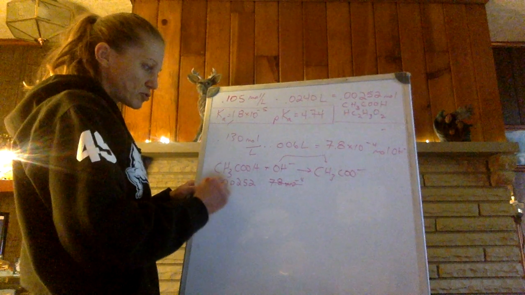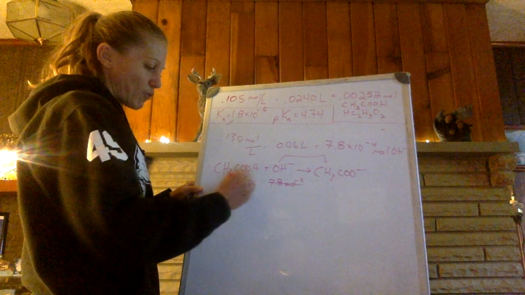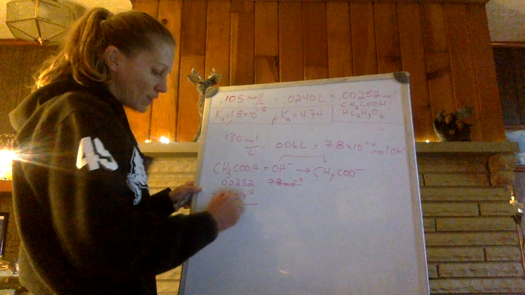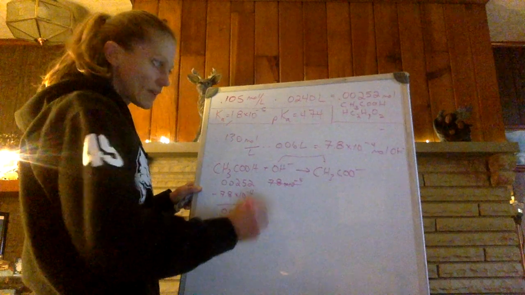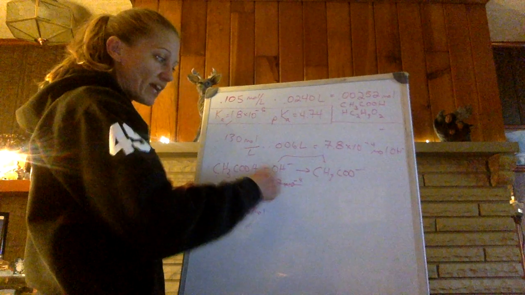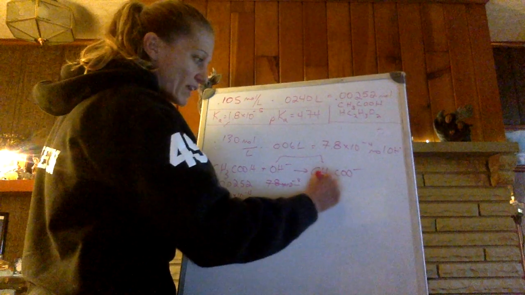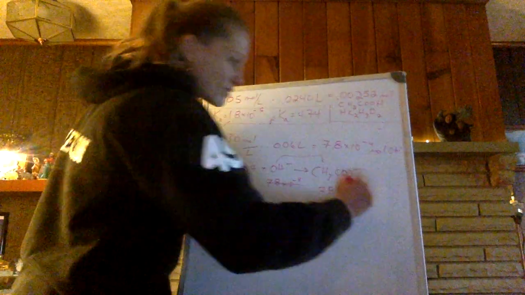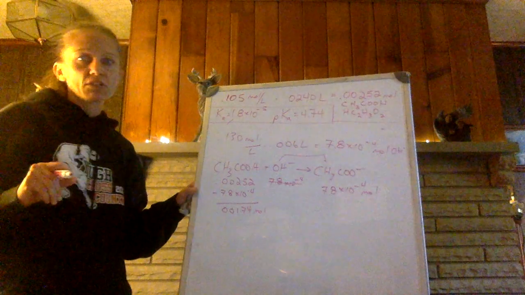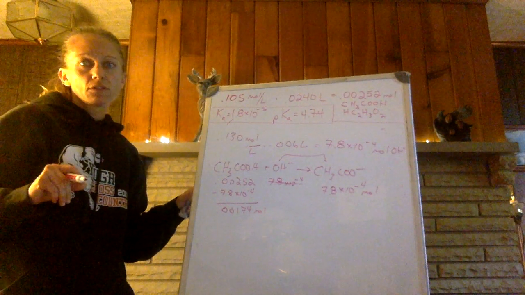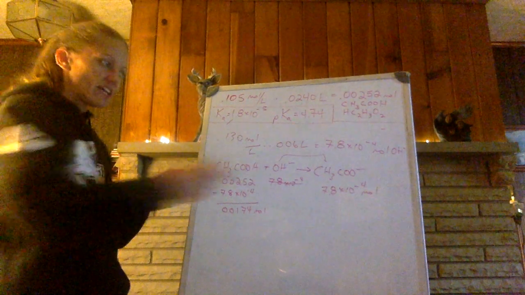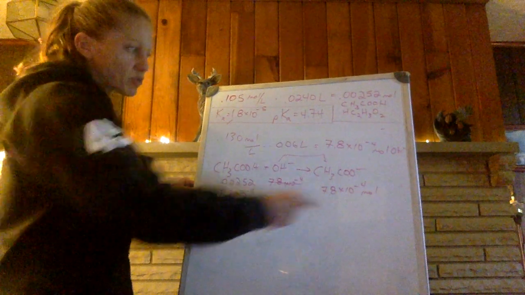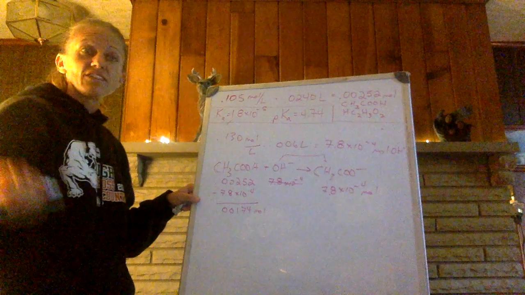I'm going to subtract it from here, and that 10 to the negative fourth makes it kind of nasty. It leaves me 0.00174 moles here, and that 7.8 that you added made 7.8 times 10 to the negative fourth moles of CH3COO minus. What I did, put in that many moles of this. I did not use up all of the acid, so it's subtracted out, made that easy.